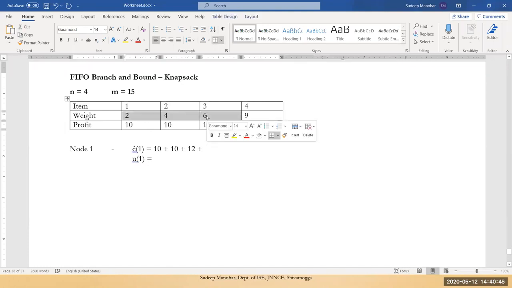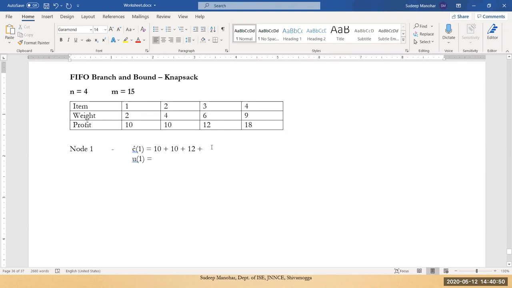Total weight is 12. So still out of 15, 3 remains, that is 3 by 9 into 18. And we have to use the negative sign for this. For the value whatever we get, it is 38. We get minus 38 for this.